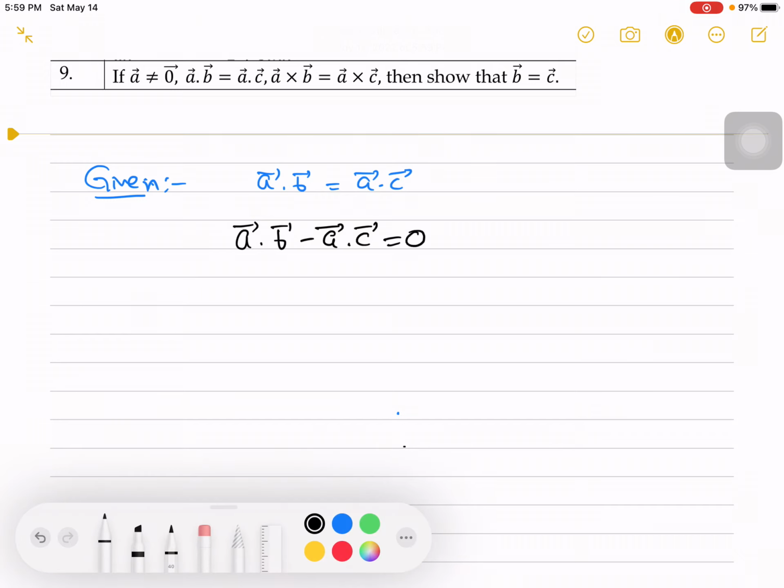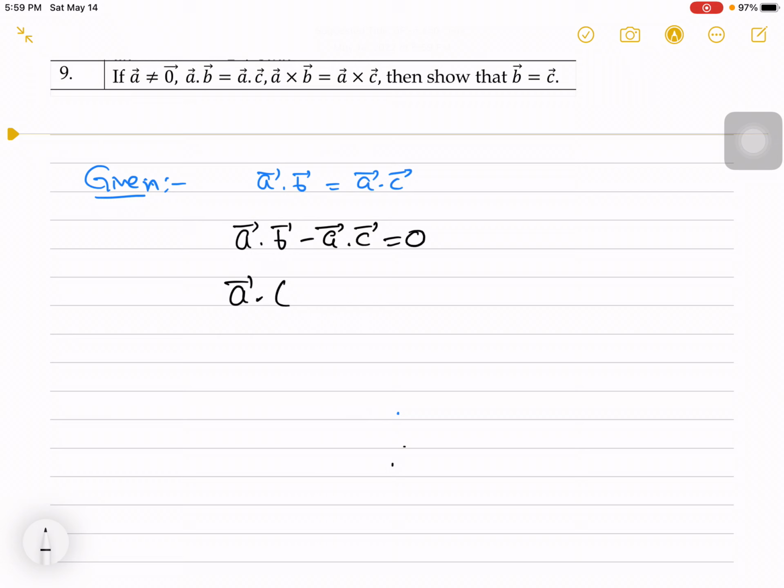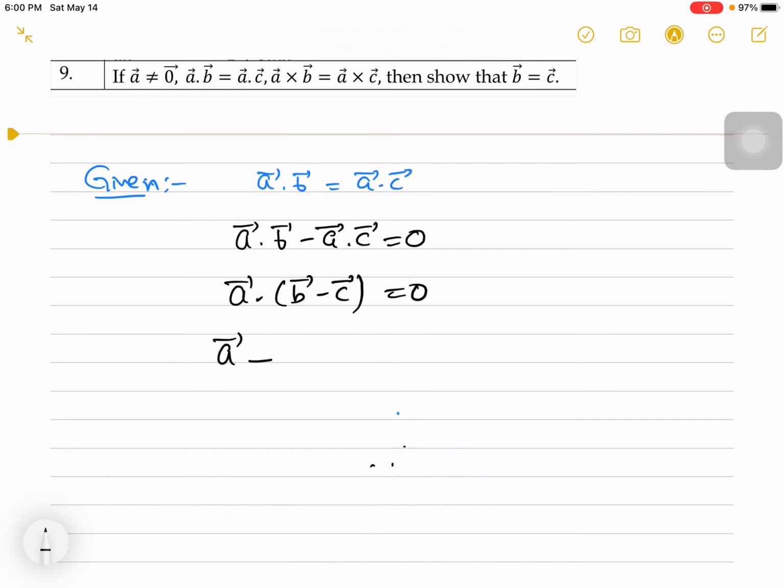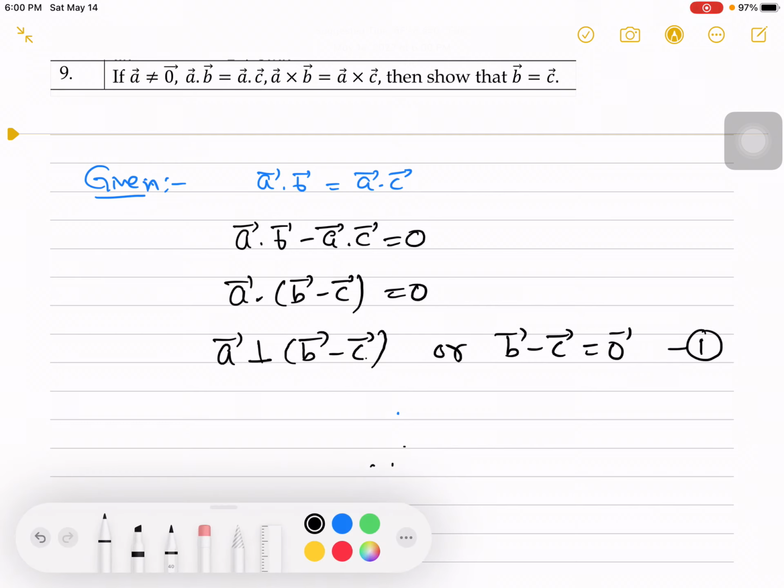According to the distribution property satisfied in vector multiplication, we can write vector A dot vector B minus vector C. According to vector theory, if the dot product of two vectors is 0, then one of the vectors is 0 or the vectors are perpendicular. So here vector A is perpendicular to vector B minus vector C, or vector B minus vector C is 0, because vector A is not equal to 0 is given. This is the first result.